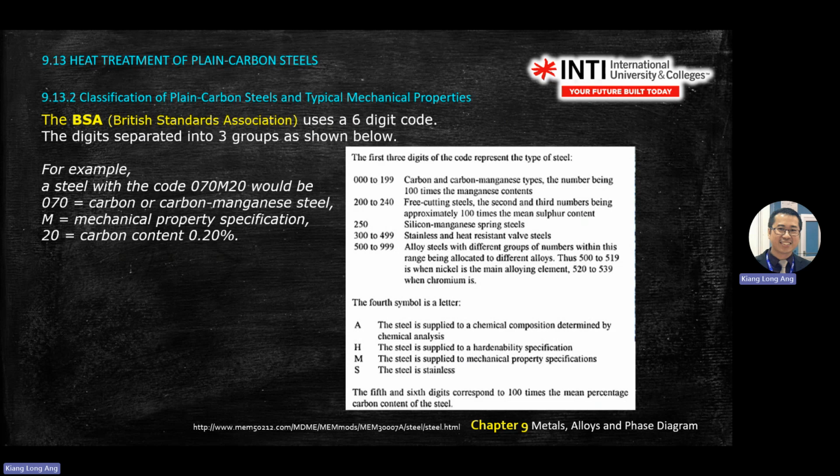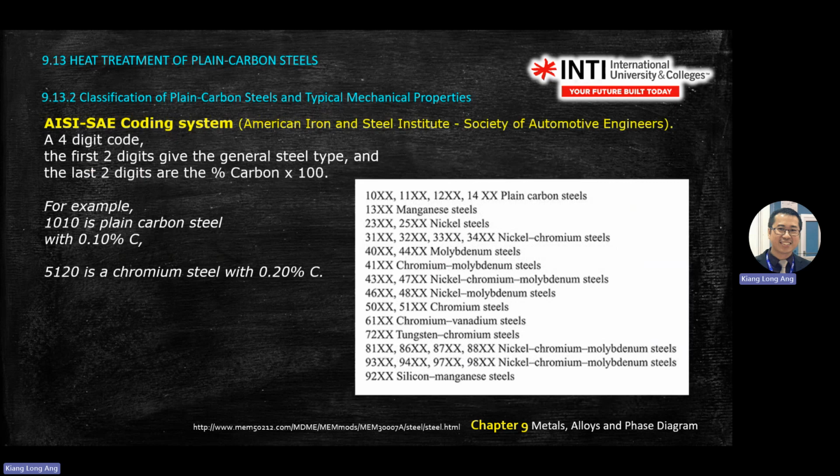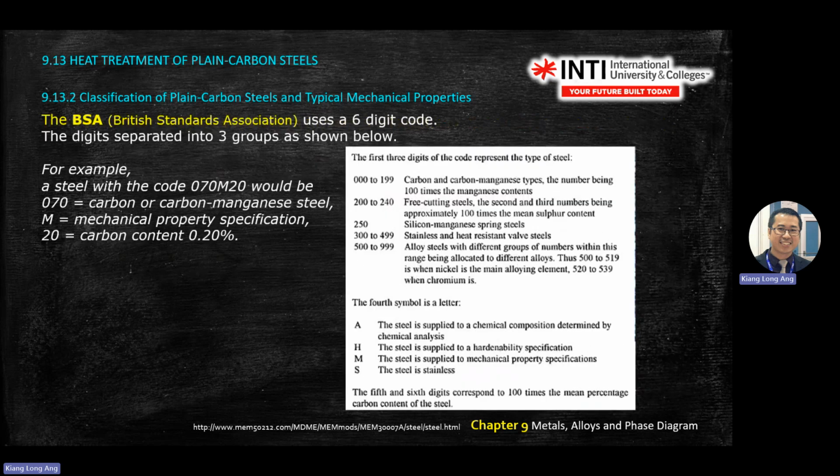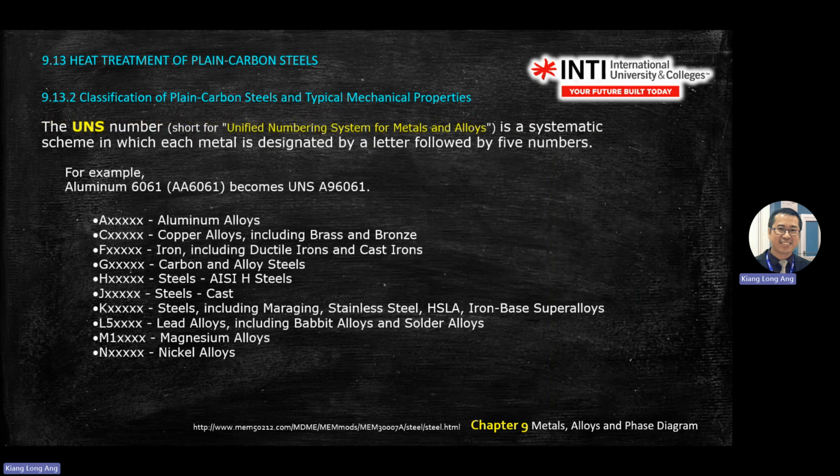But BS uses six characters, for example 070M20. Usually we use the 4-digit AISI code. Another code is called UNS, the Unified Numbering System.